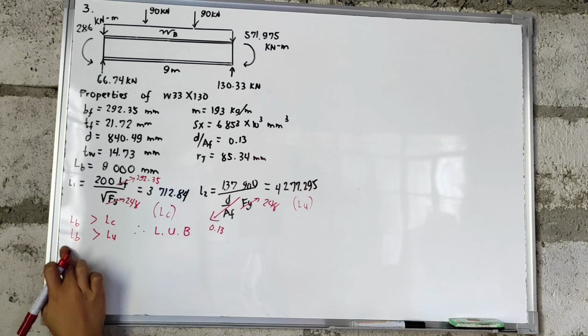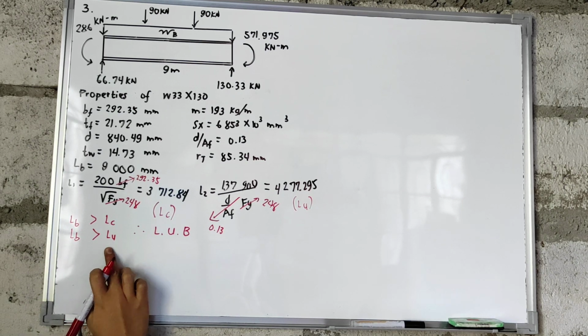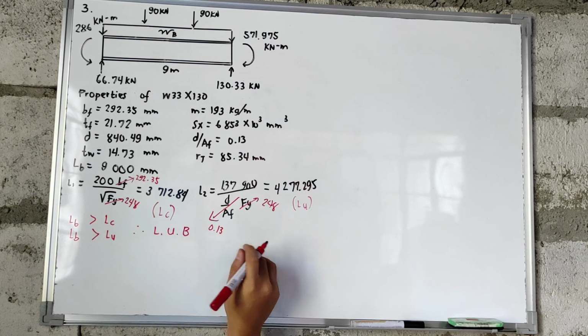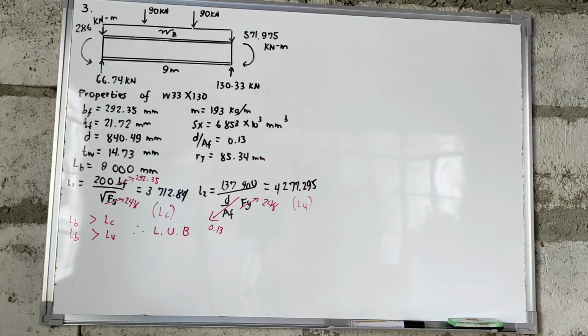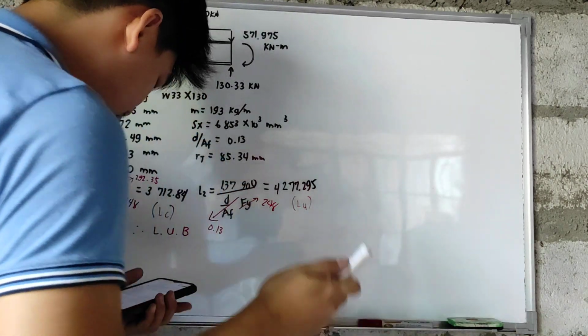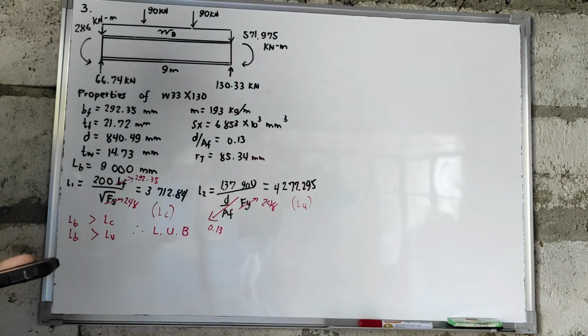Since nag-exceed yung unbraced length natin sa value ng L sub U natin, meaning to say, either intermediate or long yung beam natin. So, i-check natin kung intermediate or long yung beam natin.